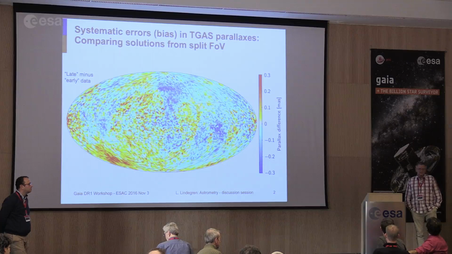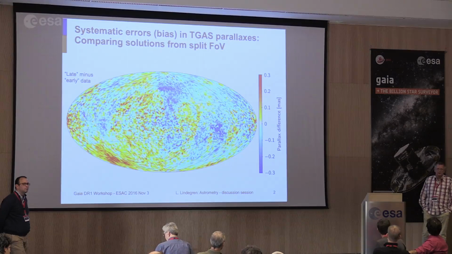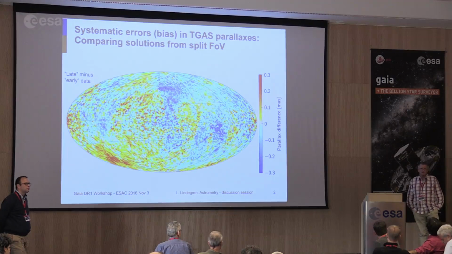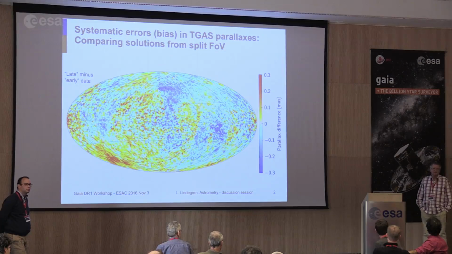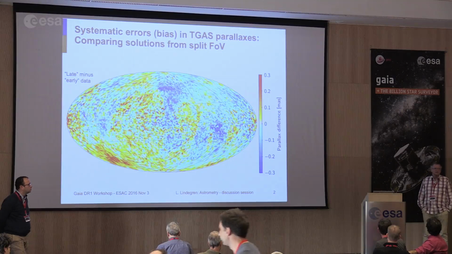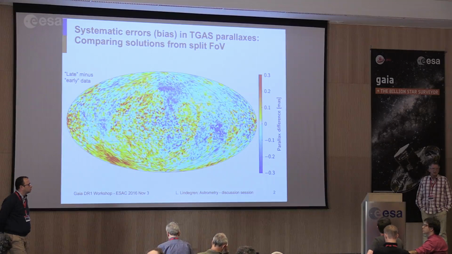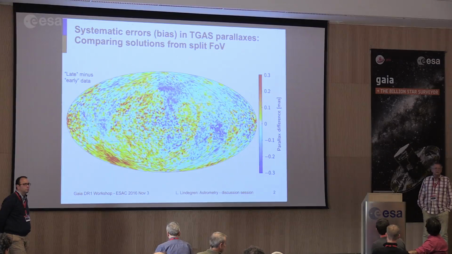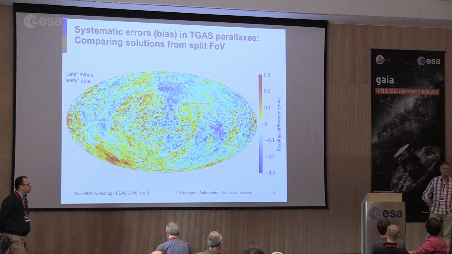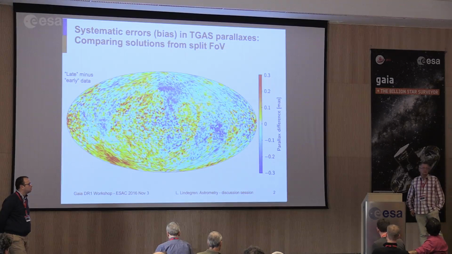Concerning the eclipsing binaries paper, if you look at the diagram they publish of the parallax difference versus the size of the parallax from the eclipsing binaries, you will see that for the small parallaxes there is no offset at all. The large offset of minus 0.25 milliarcsecond is only for the stars with parallax larger than 1 or 2 milliarcseconds.